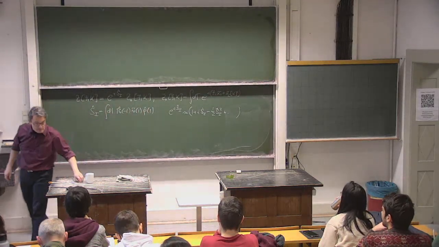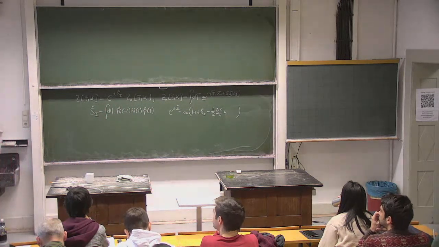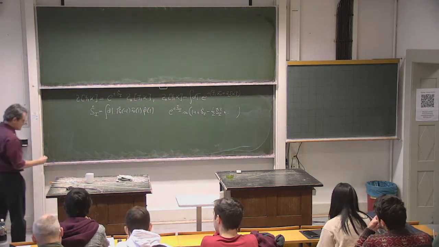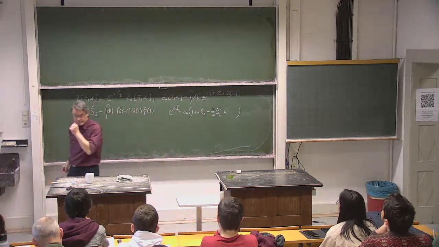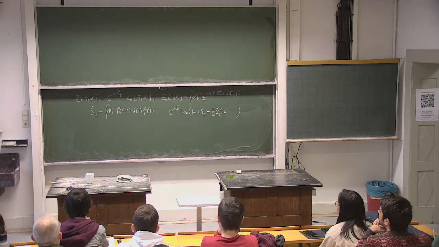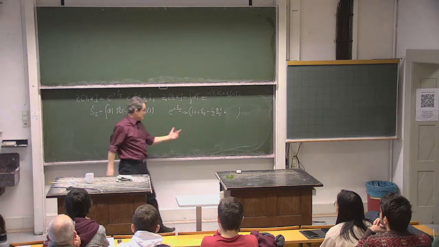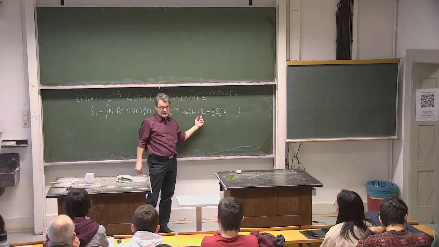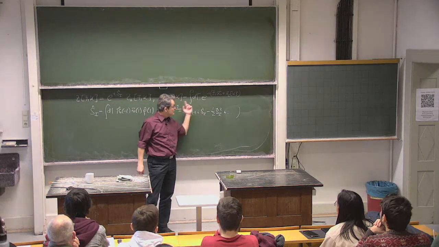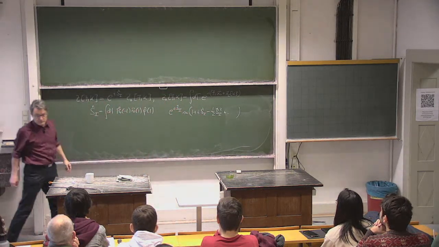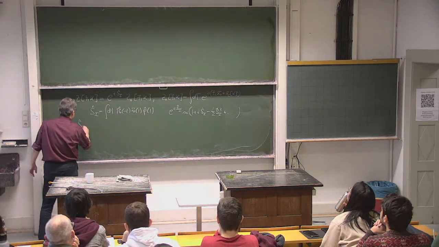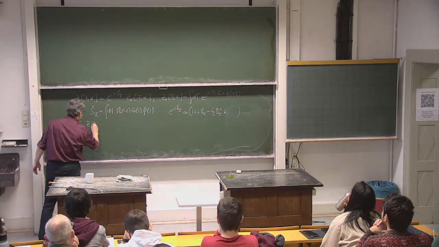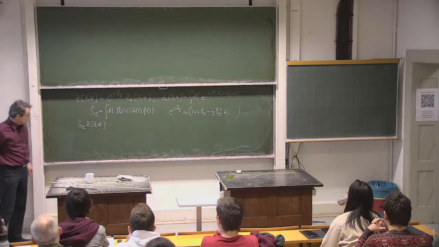Now let me briefly say some words about how to apply this. So we saw that we have an interaction operator that we can expand in this way. Now let's have a look at what happens if we look at the first order in the interactions. That is, we look at an application of the interaction operator directly to the generating function. All right, so I want to look at an expression like that.